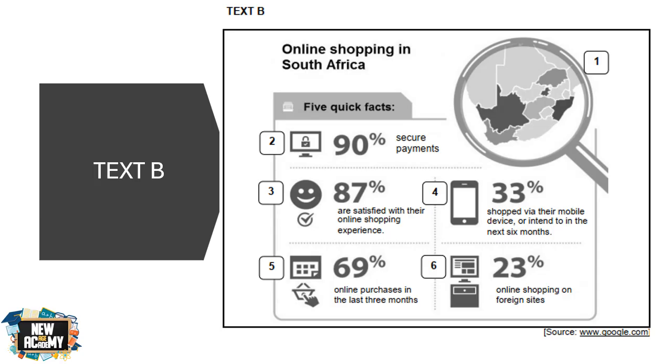As we move, this is text B. You see, this is our text B. It has emojis, infographics, percentages. This is where you should visualize. Not a lot of text, but a lot of visuals. You can see this zoom icon here.